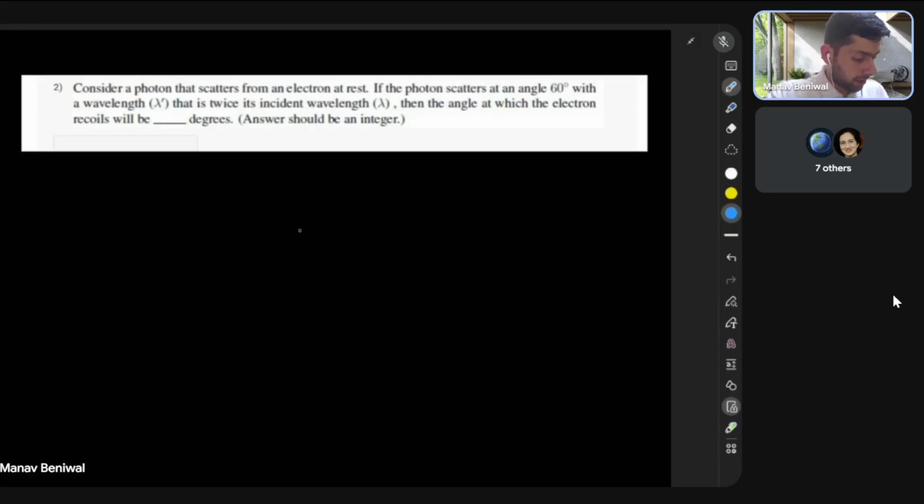So let's say we have an electron and it is at rest, and then we have a photon which is coming towards the electron and its incident wavelength is lambda.